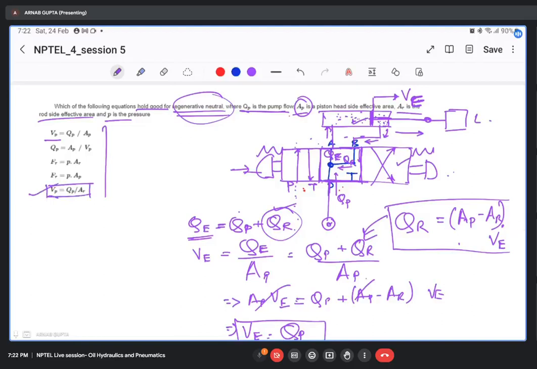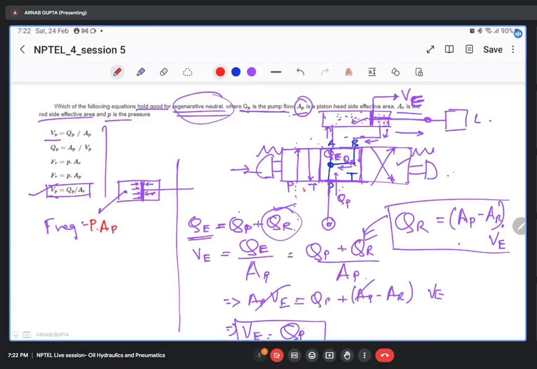So what is the regeneration force? Suppose this is your cylinder. You have pressure acting on both sides. The force acting on this face will be P into AP.